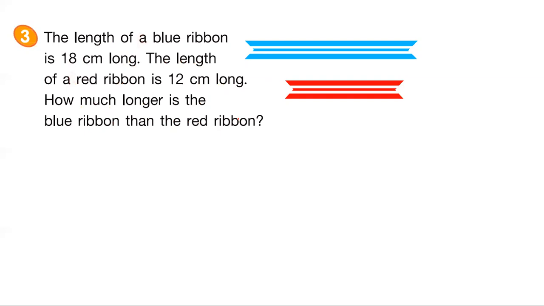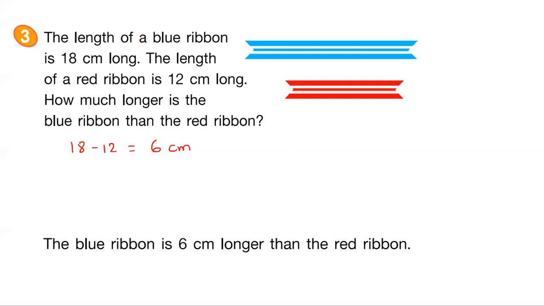Remember, we did that when we were comparing. To know how much longer, you get 18 minus 12, so that we get 6 centimeters. So the blue ribbon is 6 centimeters longer than the red ribbon.